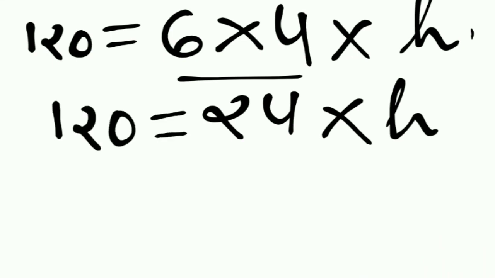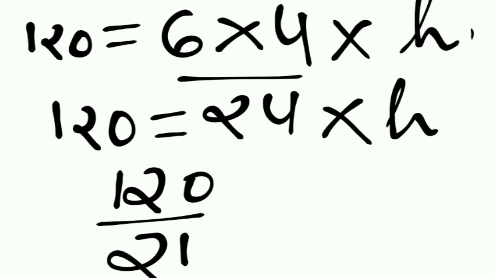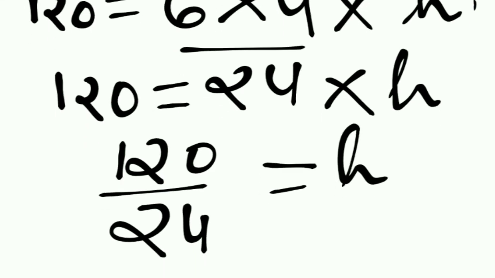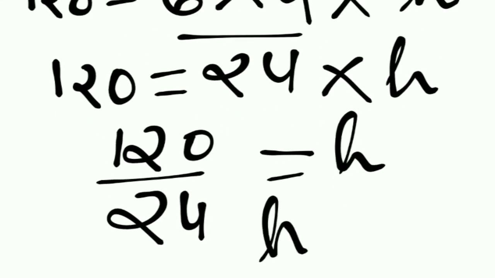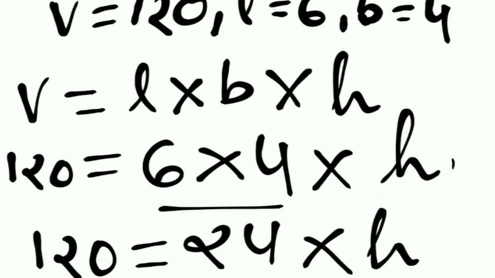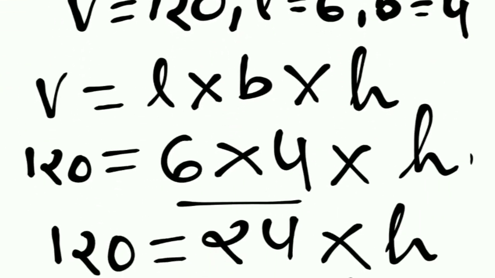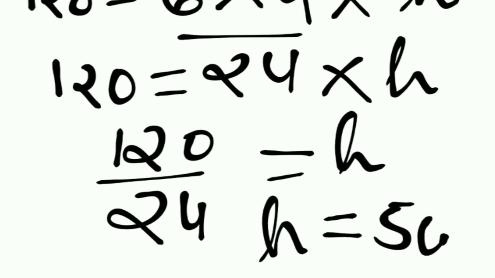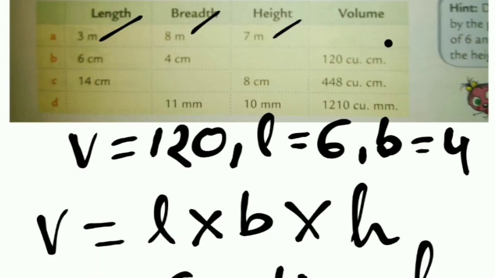So now this is multiply. Multiply can convert in the equal side. It will be in the form of divide. Okay. So 120 upon 24 equals to height. So this will be height equals to 5 centimeter. Like this we can solve remaining 2.